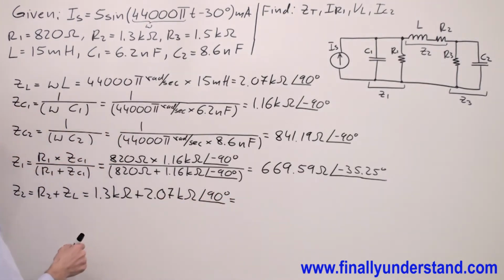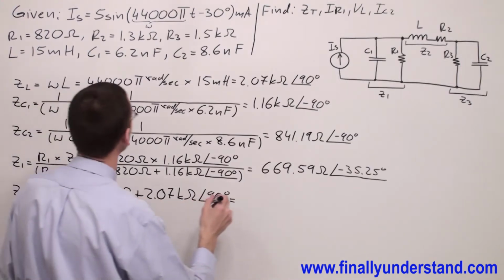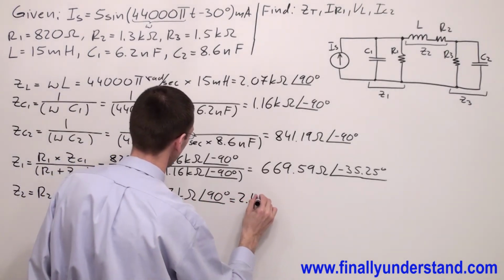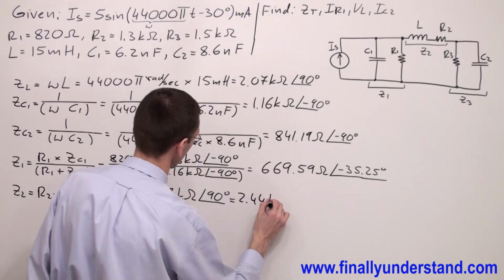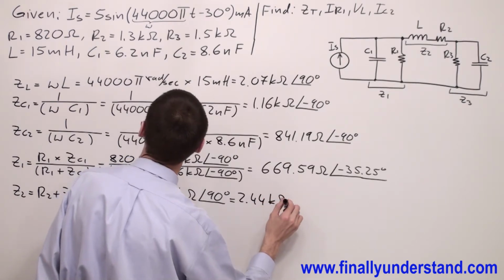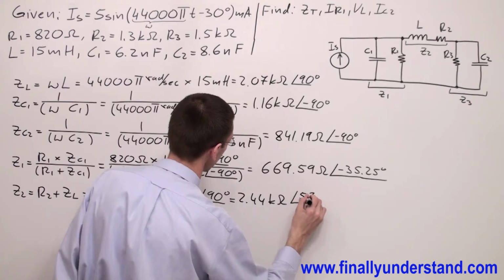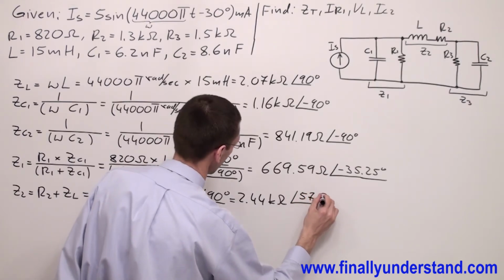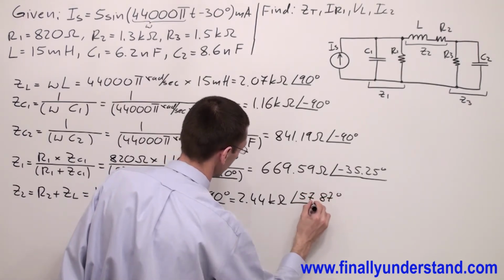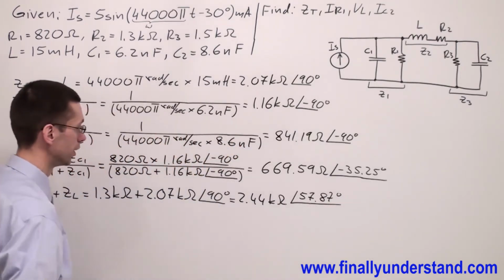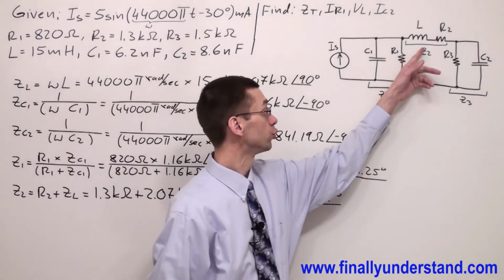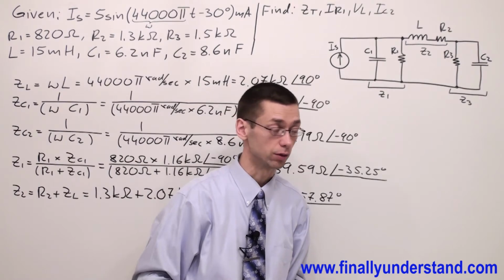Add them up, you're supposed to get the value of 2.44 kilo ohms and angle of 57.87 degrees.